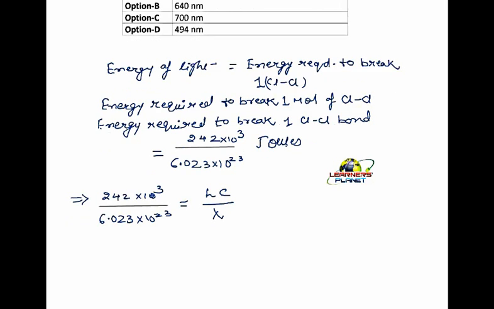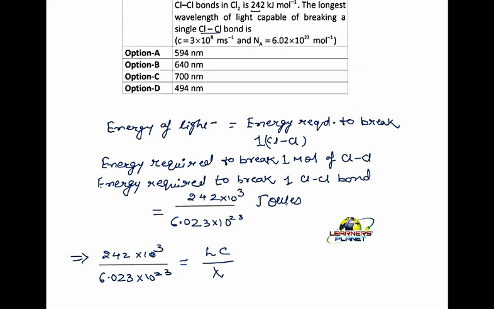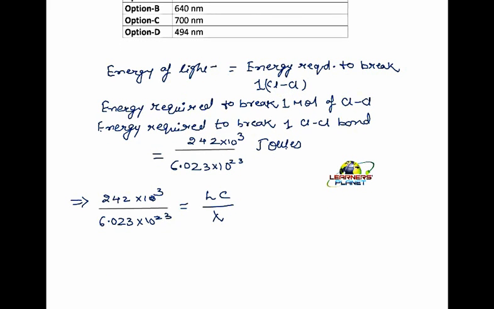Now we know h, which is 6.626 into 10 to the power minus 34. And c is the velocity of light, that is 3 into 10 to the power 8.